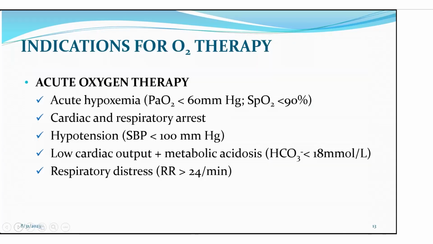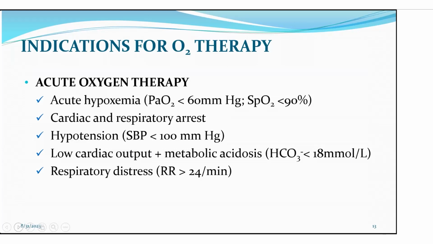What are the indications of oxygen therapy? One, acute oxygen therapy, where we have acute hypoxemia, where the partial pressure of oxygen is less than 60 millimeters of mercury, where the SpO2 is less than 90%.